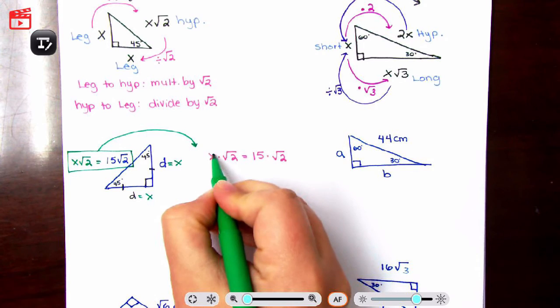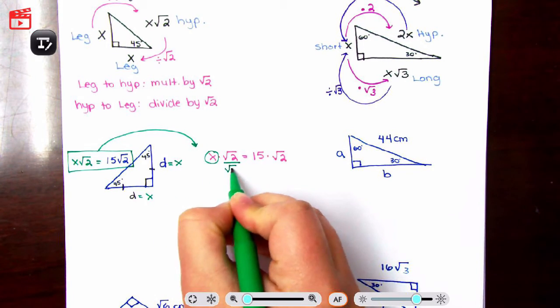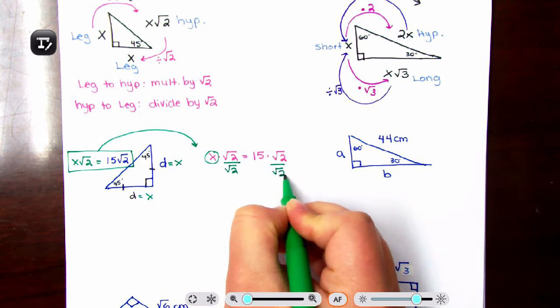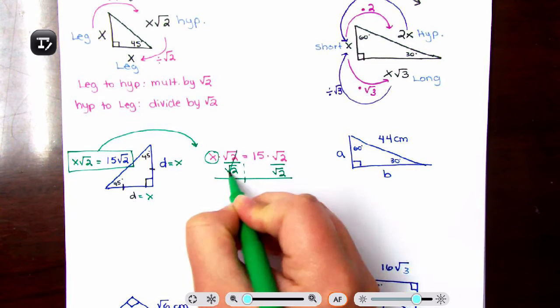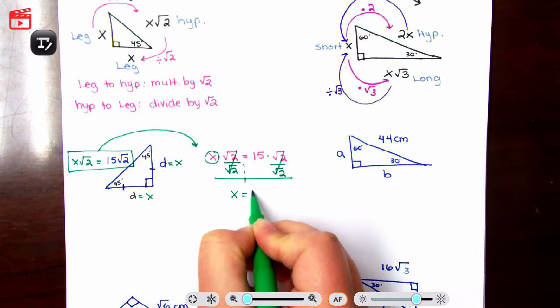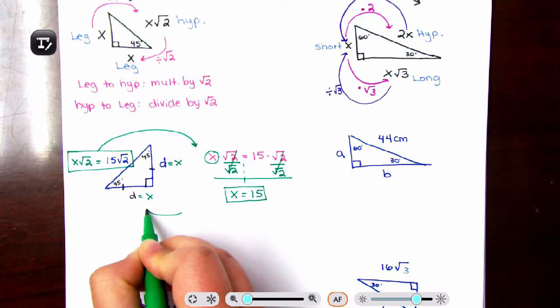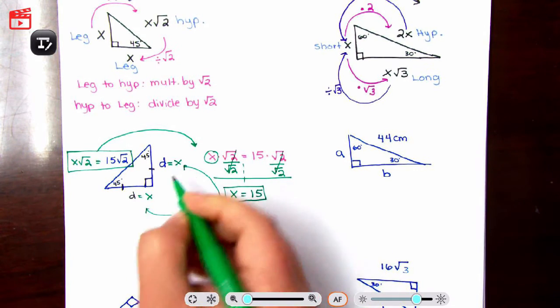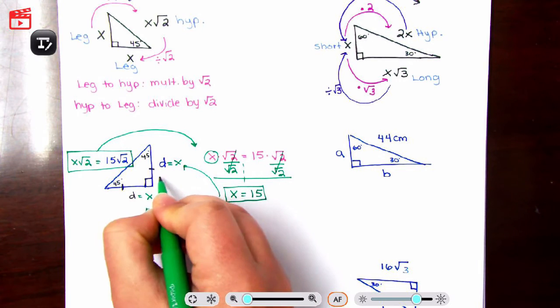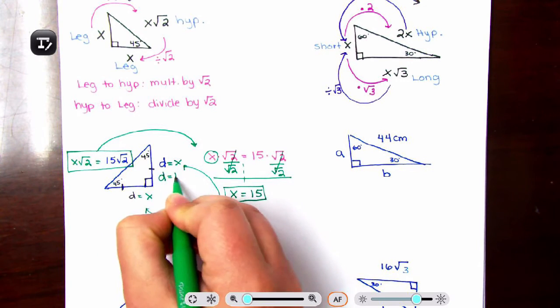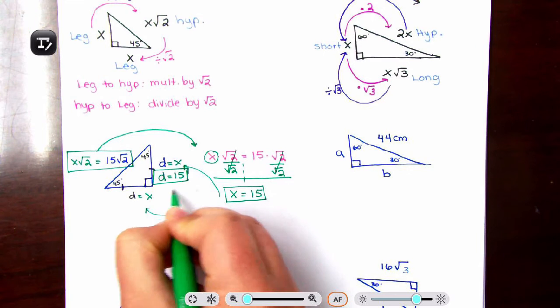We're going to try to get x by itself, so I'm going to divide by root 2, divide by root 2. So x is then equal to 15. Now that you have solved for x, we can go back in and identify that, well, if d is equal to x, d is then equal to 15. Then this is your answer.